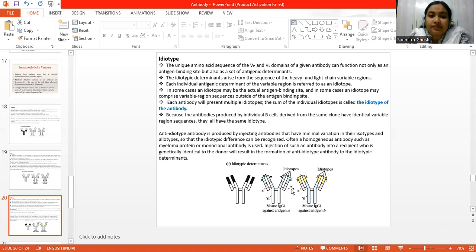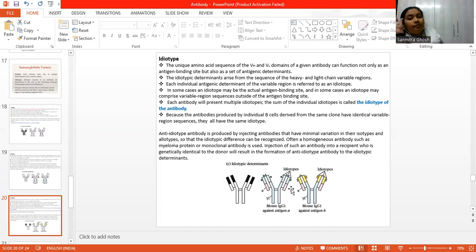Now, the unique amino acid sequence of the variable region of both the light chain and the heavy chain domain of the antibody can function not only as the antigen binding site, but also as an antigenic determinant, because that is also a particular protein sequence with a unique structure.